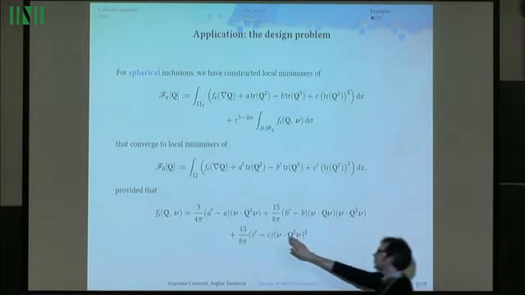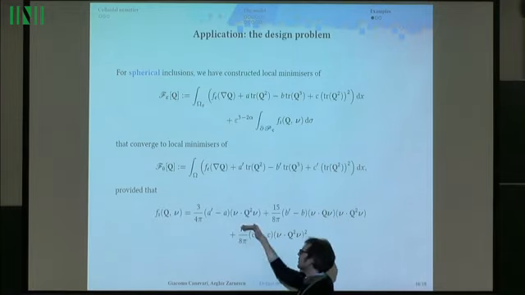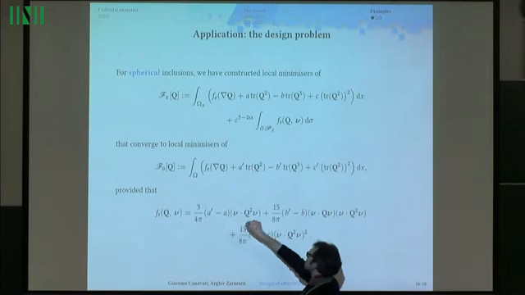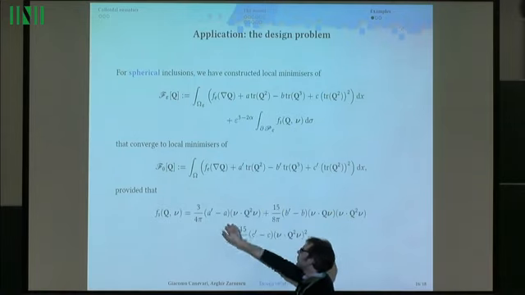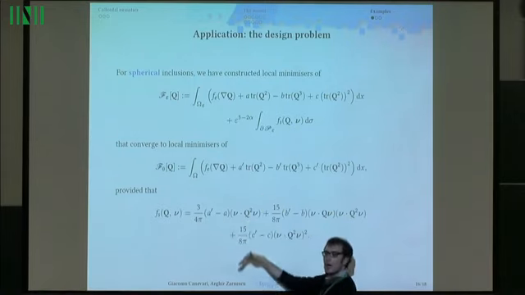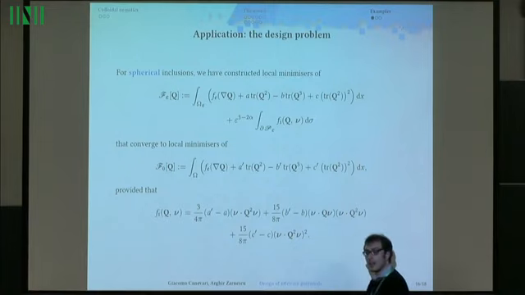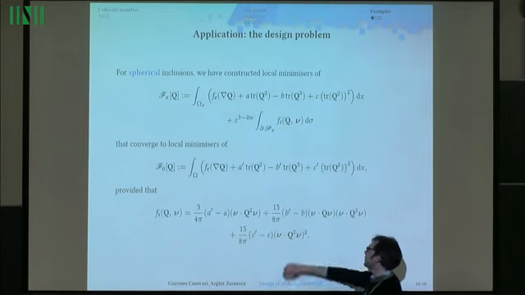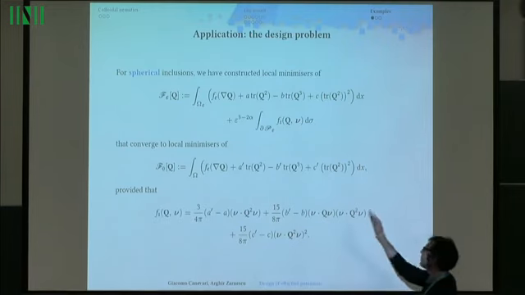We will need to introduce a quadratic term in the energy density in order to modify this term. For instance, this one, but you could cook up other terms, and there's a recipe for that. A cubic term to modify the parameter B, and a quartic term to modify the parameter C.